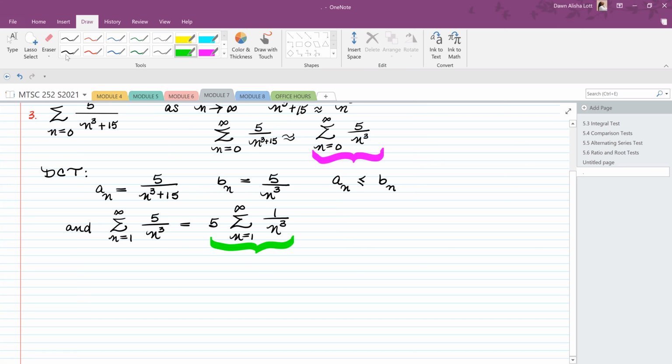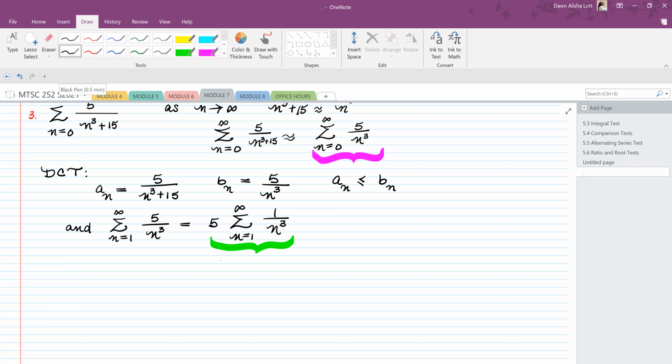What does that series do? It approaches 0. No, not quite. I want to know whether it converges or diverges, so I got to use one of my 10 tests. Because of the p-series, since p is 3, it converges.